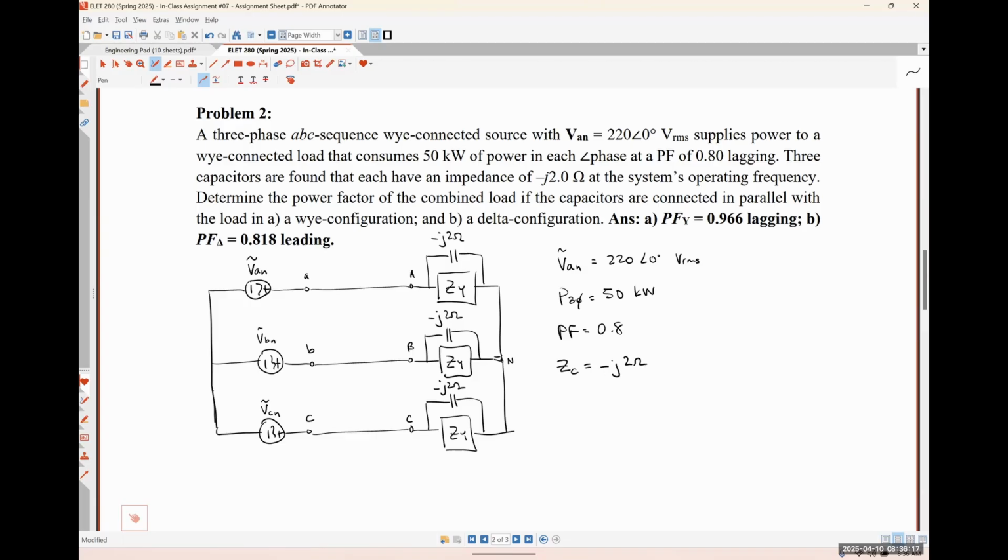ZC is minus J2 ohms, and I think that is pretty much it. Three phase. So that 50 kilowatts is the total amount. Hold on, actually, that's not true. It supplies 50 kilowatts of power in each phase. So this is the power for a single phase of our load.